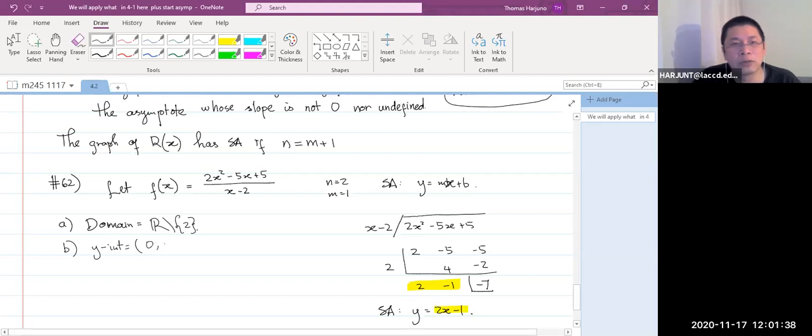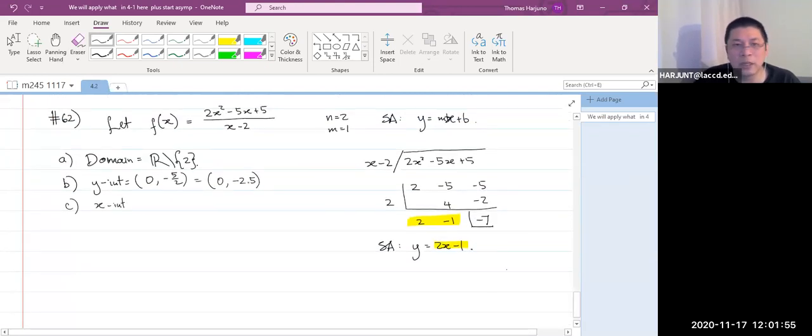When x equals 0, y will be negative 5 over 2, which is 0, negative 2.5. Part C, how about the x-intercept? Notice that I could not factor the numerator, but that doesn't mean it doesn't have an x-intercept. We don't know yet.